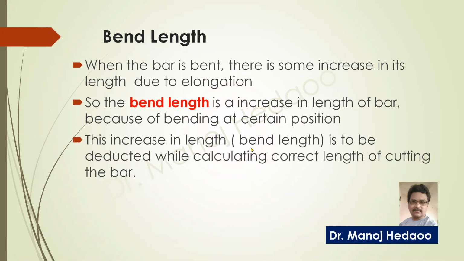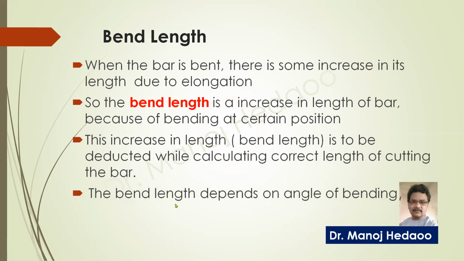Now this increase in length is to be deducted while calculating correct length of cutting the bar, because we are interested to calculate the original length of that bar. While making stirrup there will be increase in length, so we have to calculate that increase in length and deduct that length.